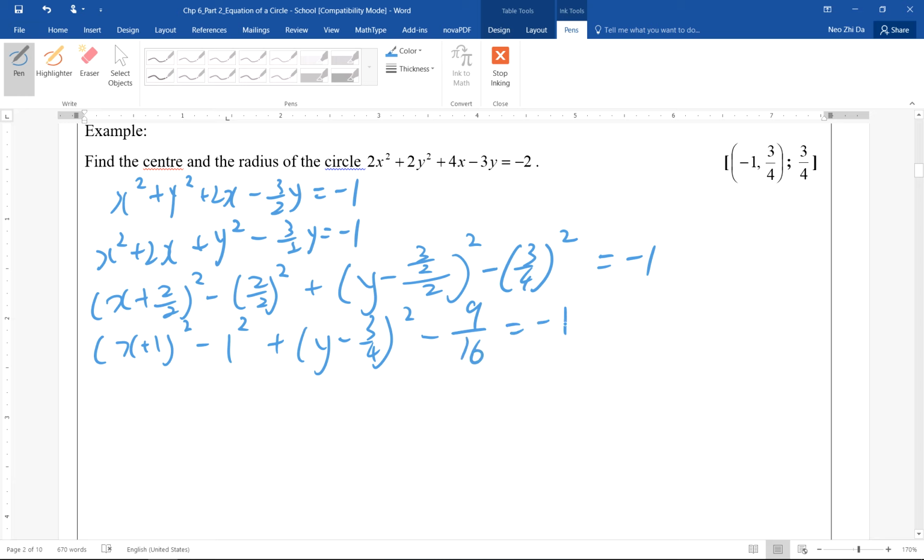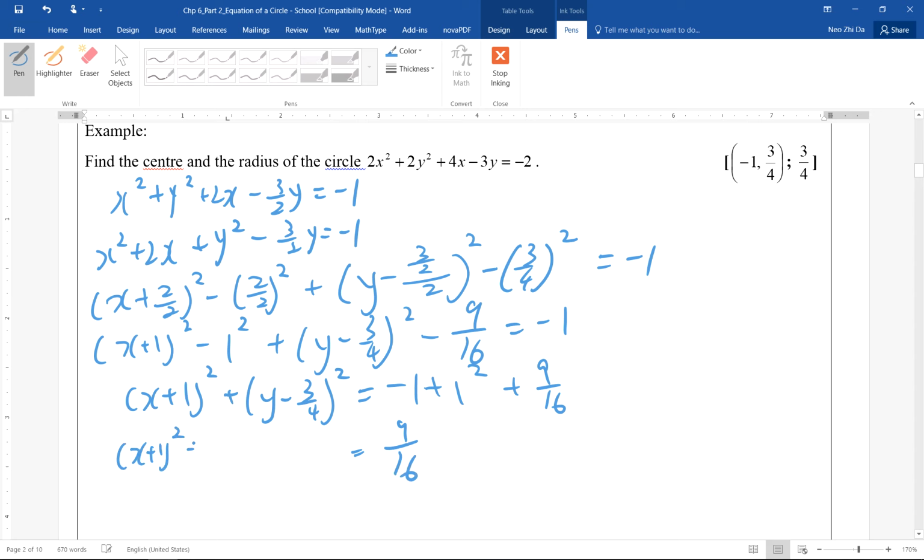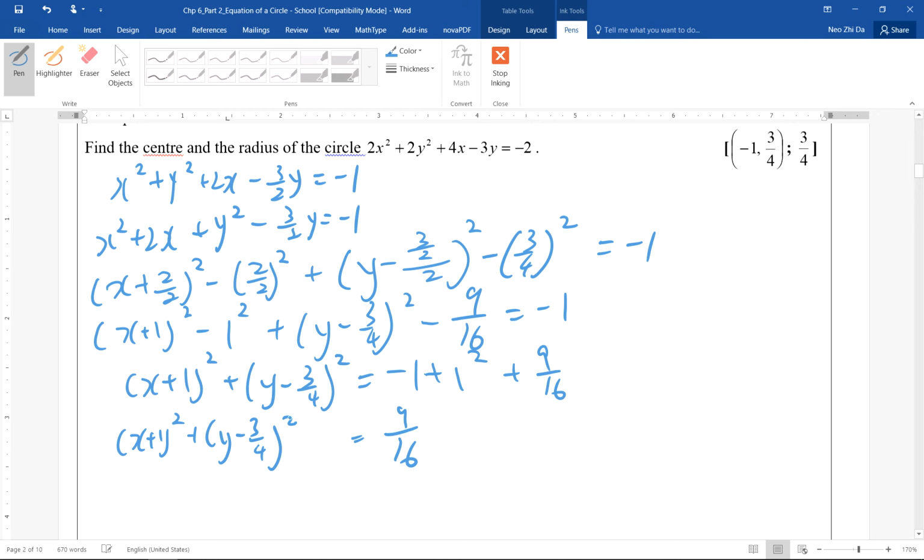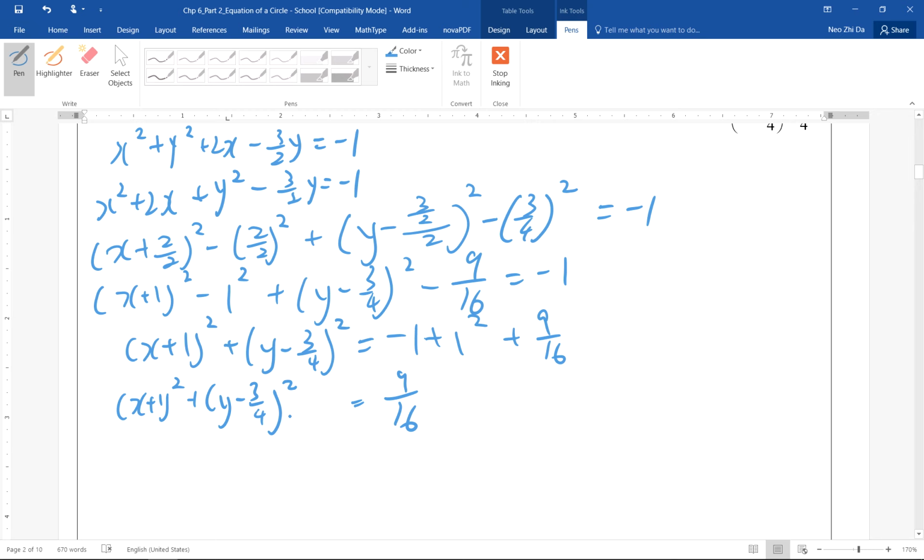Next step, all the constant numbers bring to the right hand side because they are part of the radius. Bring over, become 1 squared plus 9 over 16. Key in calculator, 9 over 16. Copy. So by using completing the square, I successfully converted a general form to a standard form.